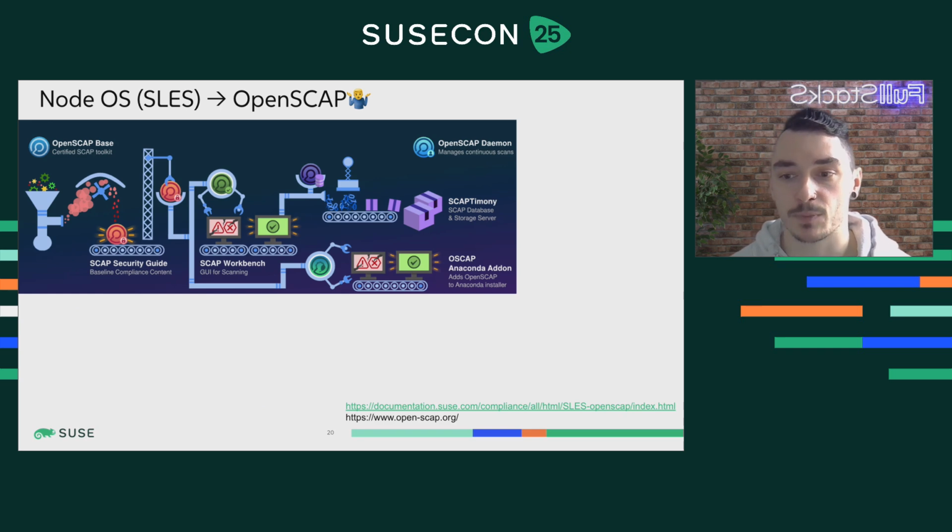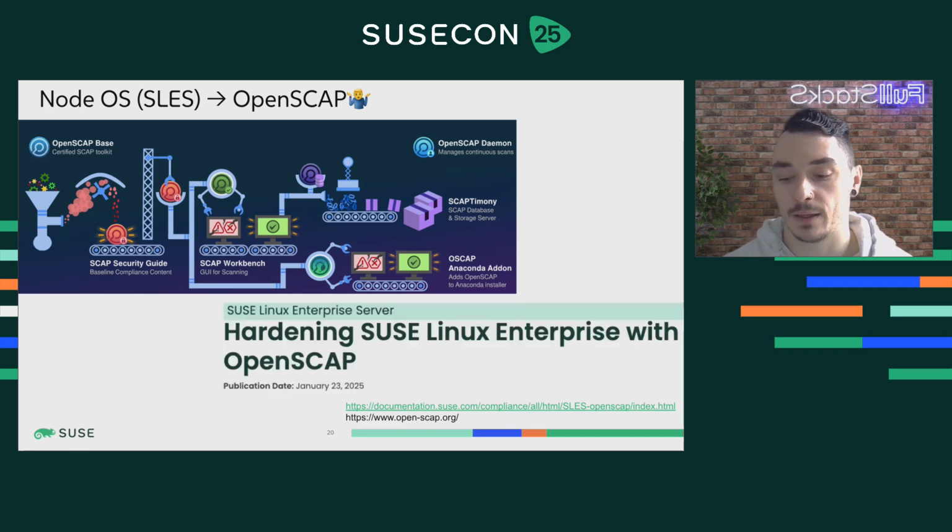At the end of the day, this is pretty much a policy standard written in XML and fed to a command line tool, which is then able to execute the checks provided via this XML. There's a whole tool landscape around that. And again, SUSE is also recommending to use OpenSCAP if you want to harden and scan your Linux operating systems.